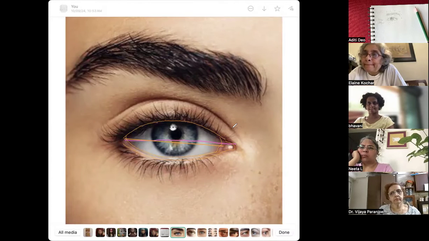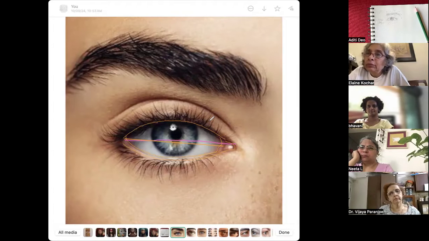Then in this case now, as much as I said the fold of the eye is bigger on the inside than the outside, here it's exactly opposite. So we will go by what this eye tells us. And then look at the distance from the bottom to the top of this eye.